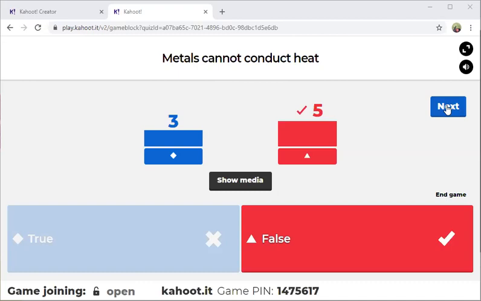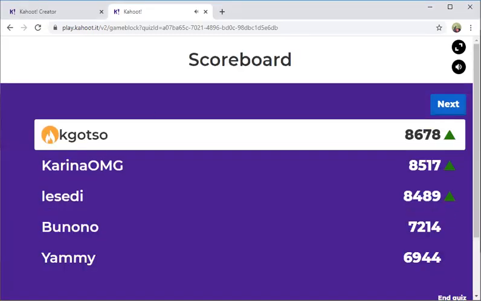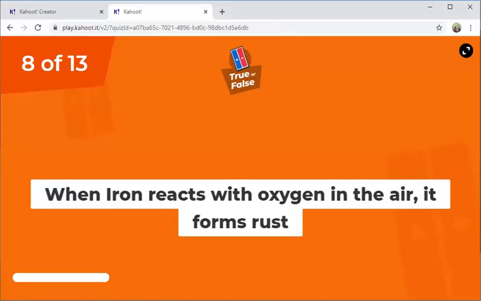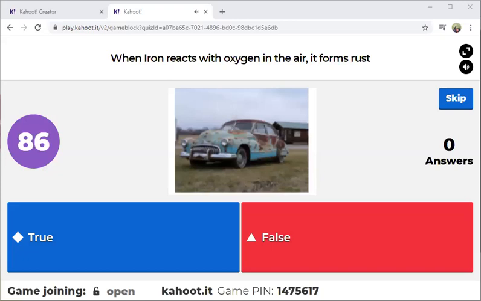Okay. Let's see who's topping the scoreboard. Kgotso back on first place, followed by Karina, Lesedi, Bonono, and Yemi. All right. Next question, which is a true or false question. When iron reacts with oxygen in the air, it forms rust.